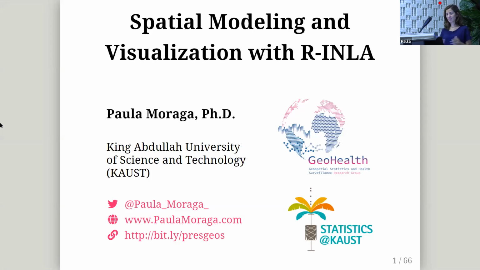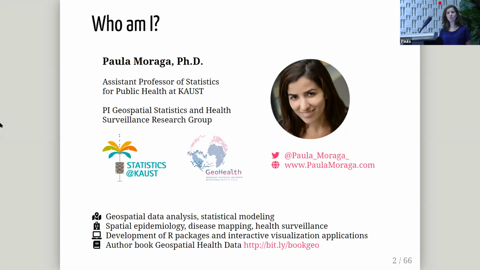As I said this morning, I'm Paula Moraga, an assistant professor of statistics at the King Abdullah University of Science and Technology, known as KAUST, in Saudi Arabia, and the principal investigator of the Geospatial Statistics and Health Surveillance Research Group.